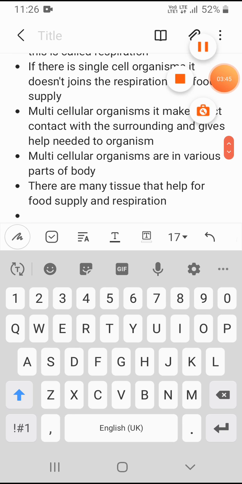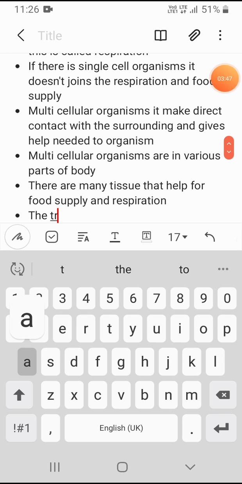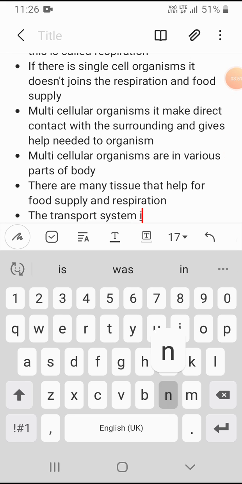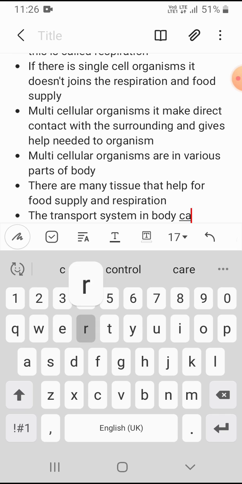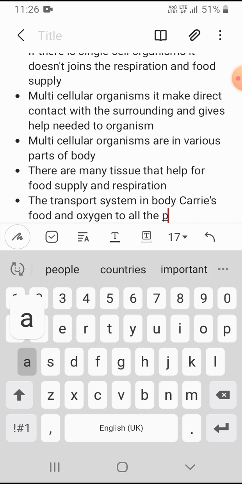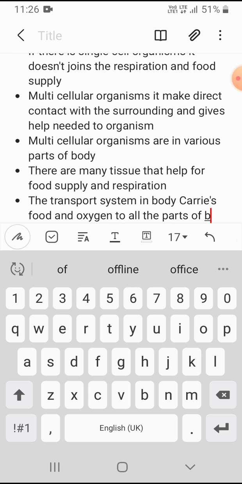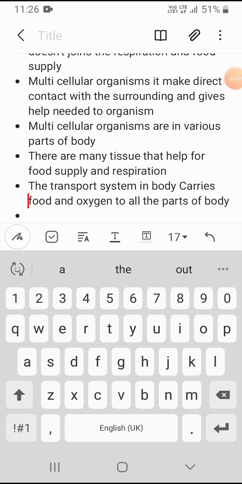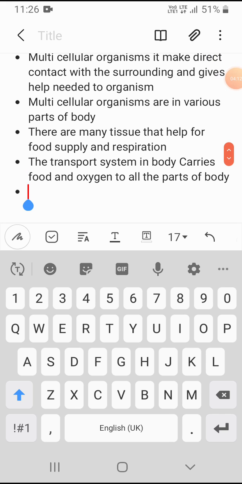The transport system in the body carries food and oxygen to all parts of the body.